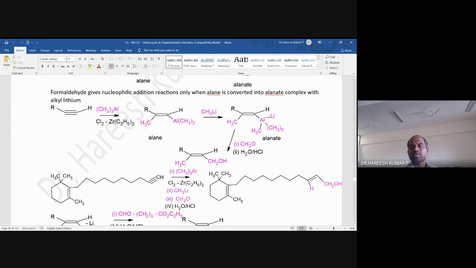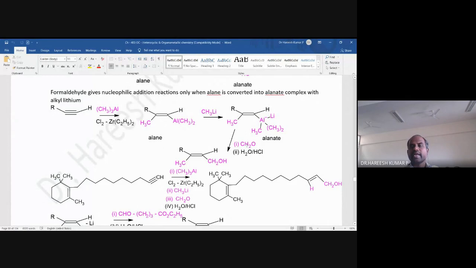What is the name of this compound? The name of this compound is formaldehyde. What it means is that formaldehyde can react only with the alanate. This alane is not reacting with the formaldehyde.